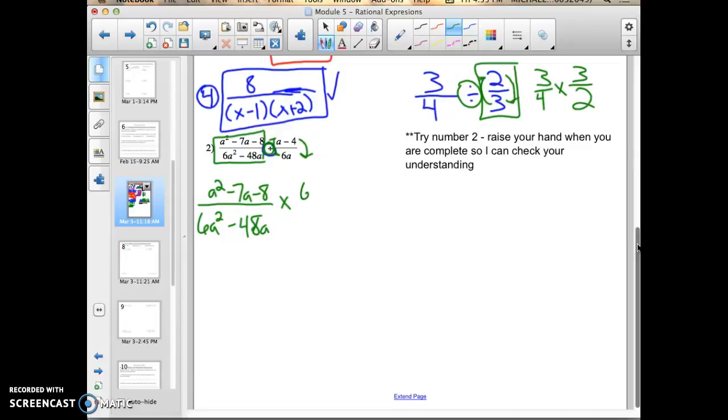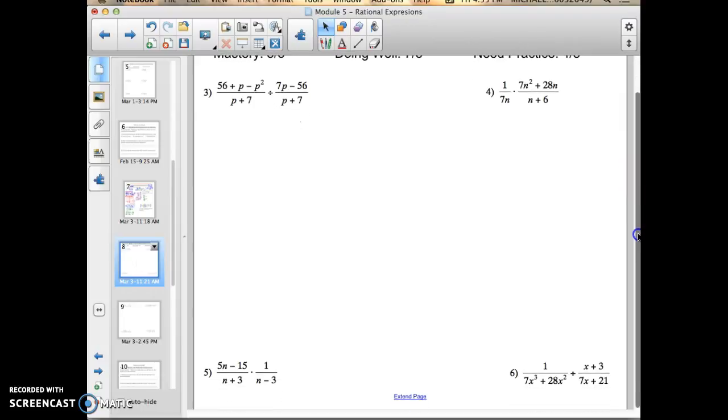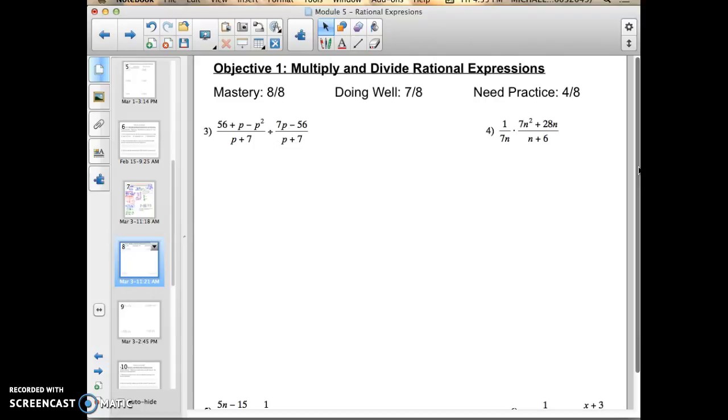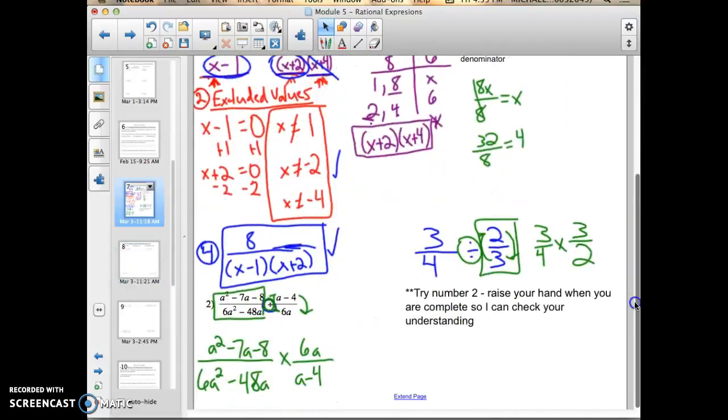So it becomes 6a over a minus 4. So when you're doing your practice and your homework, anytime you see division in any of these problems, you would turn it into multiplication and multiply by the reciprocal, just like I did here. So go ahead and try number 2, and then raise your hand so I can check your understanding.